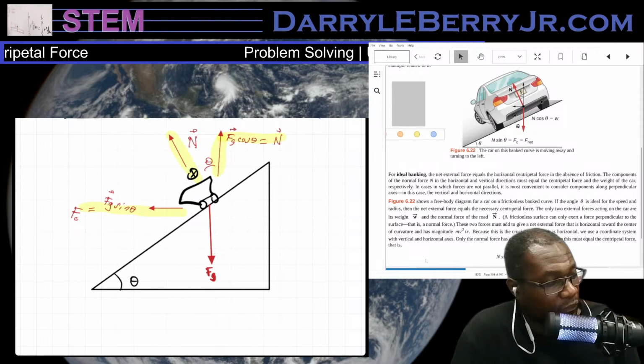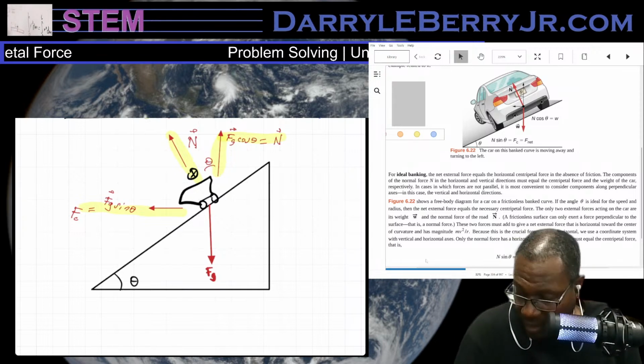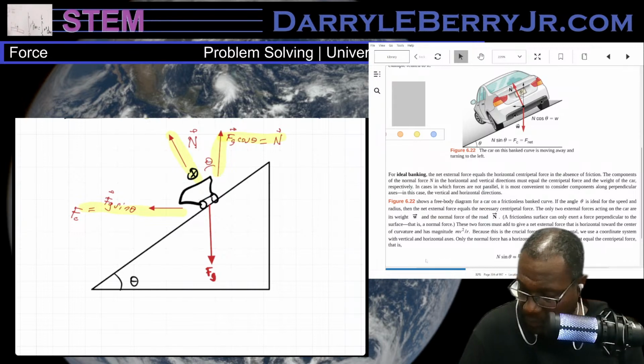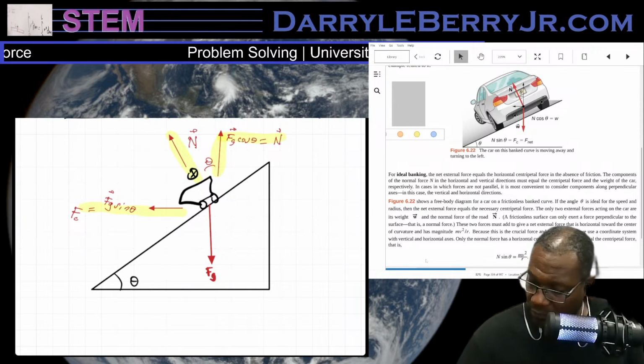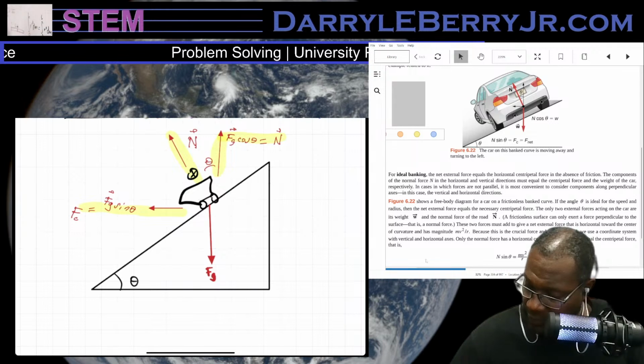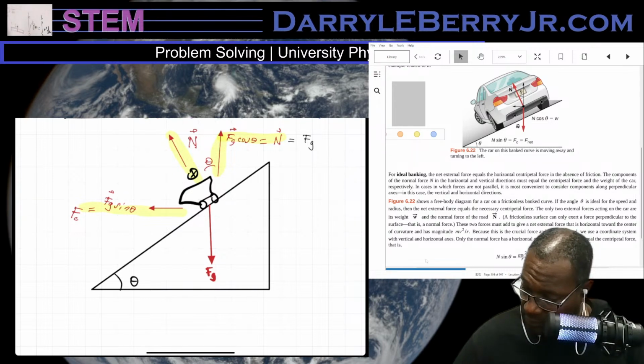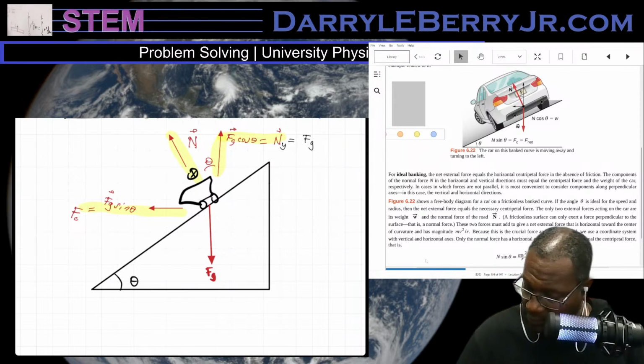The components of the normal force in the horizontal and vertical directions must equal the centripetal force and the weight of the car. So this equals Fg, and y equals Nx.